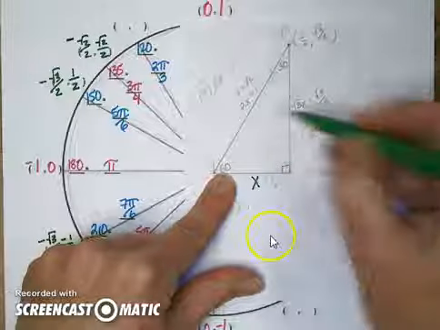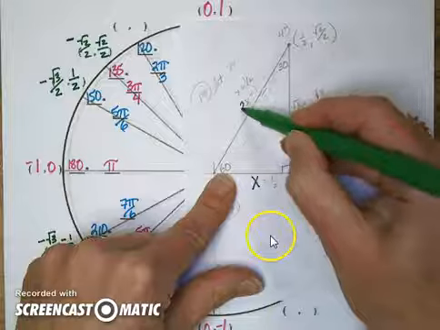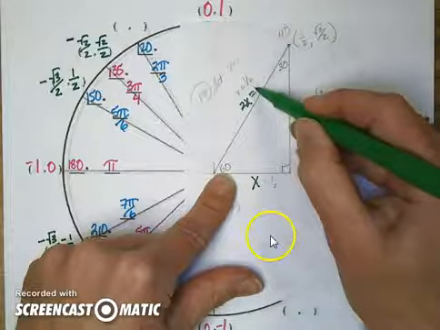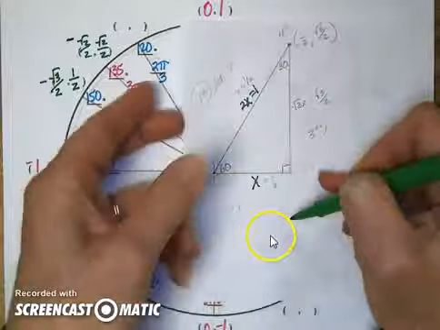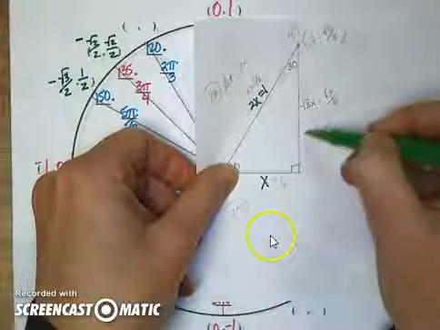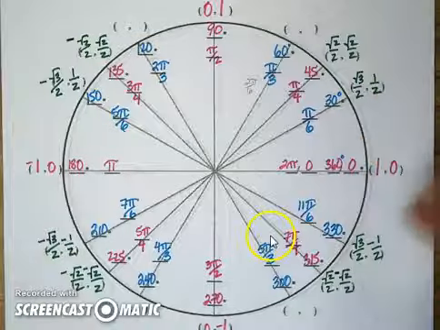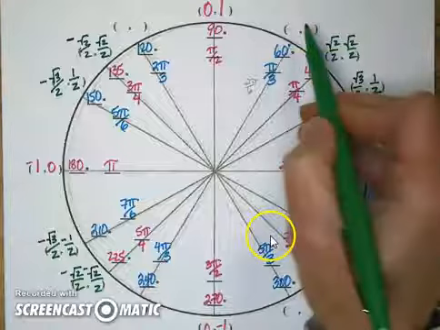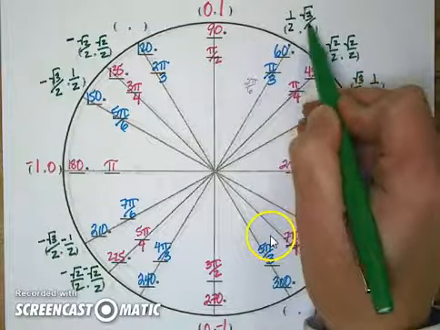So you still have the hypotenuse that was 2x. That's still the unit circle, that's still 1, but that makes this x 1/2. And the y, the square root of 3 over 2. So these are flipped. Here my x is 1/2. This is the square root of 3 over 2 for the y.